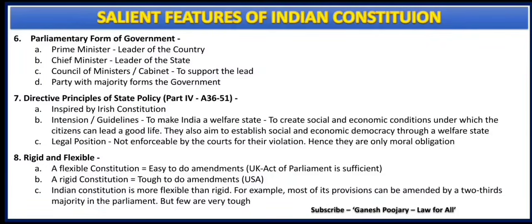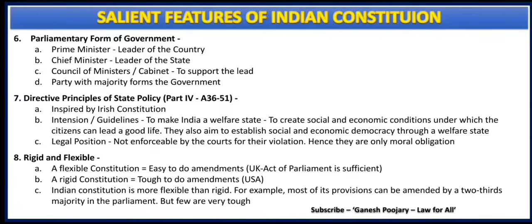These give the intention, the aim, or the guidelines to the government on how they need to create a welfare state, and how they have to ensure good social and economic conditions for the people so that they are leading a good life. Now, these are important moral obligations on the states, but they are not enforceable by law. These are the important aspects you need to remember as far as Directive Principles of State Policy.